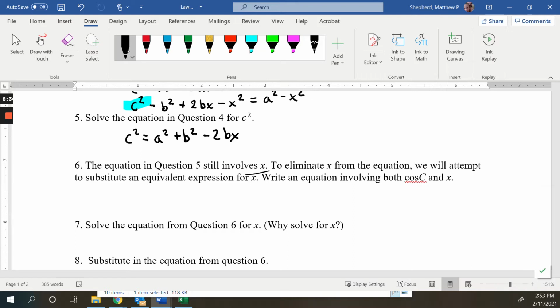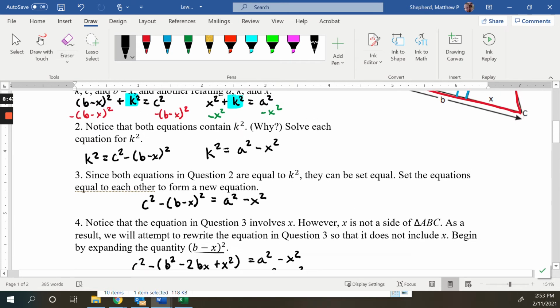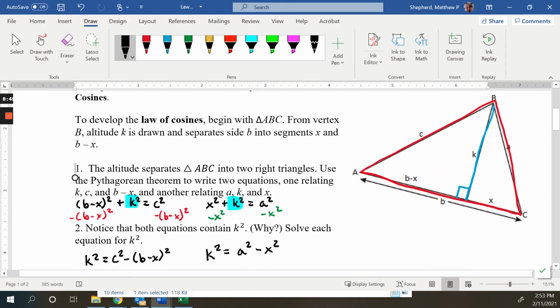All right, so we're going to write an equation involving cosine c and x. So let's go ahead and look back up at our triangle. So here's c. All right, and right there is x. So cosine of c should always be the adjacent over the hypotenuse.